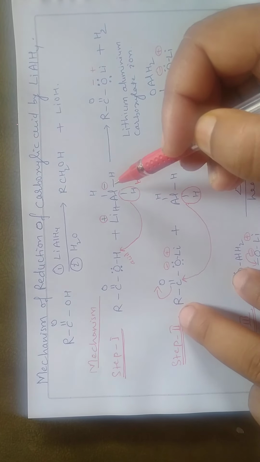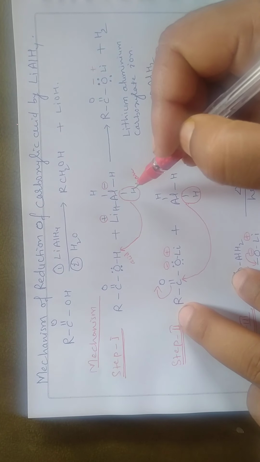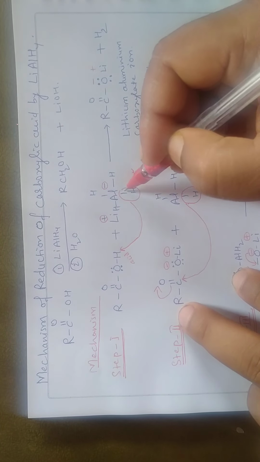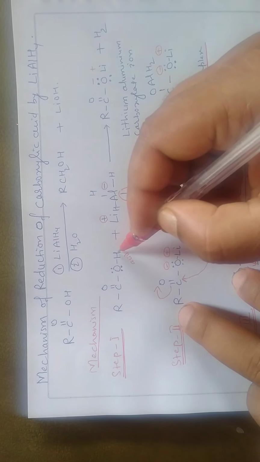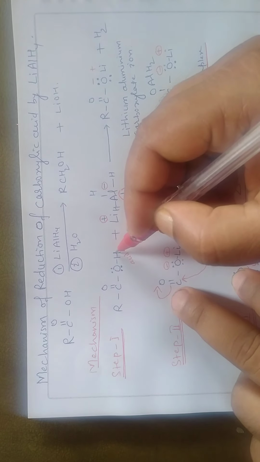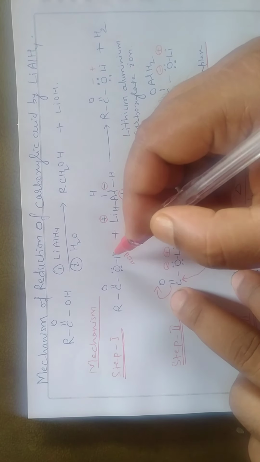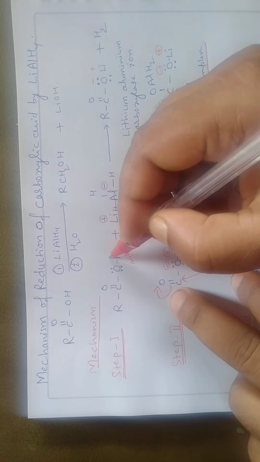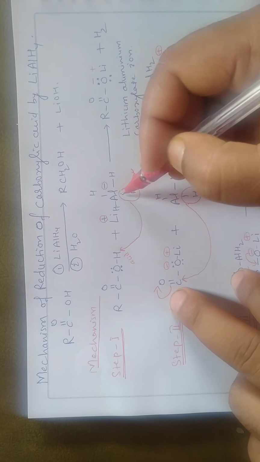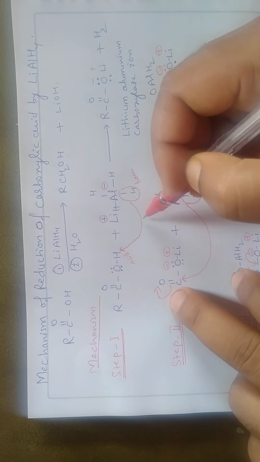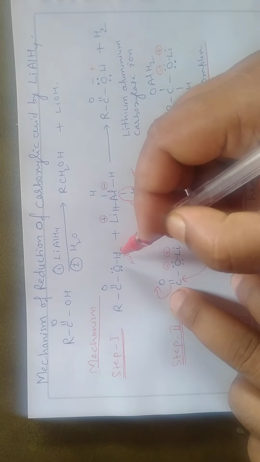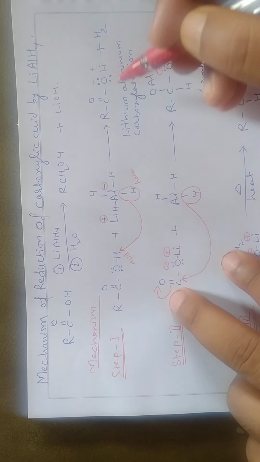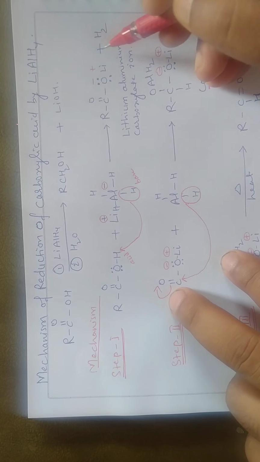The hydride ion, H minus ion, acts on the H plus ion of the acid. You know that acid contains H plus ion. So this one is the H plus ion, and the H minus ion from lithium aluminum hydride attacks, and H minus and H plus form H2, hydrogen.